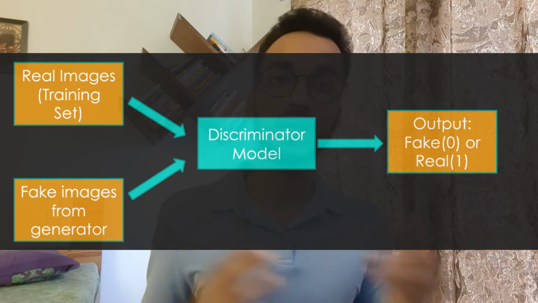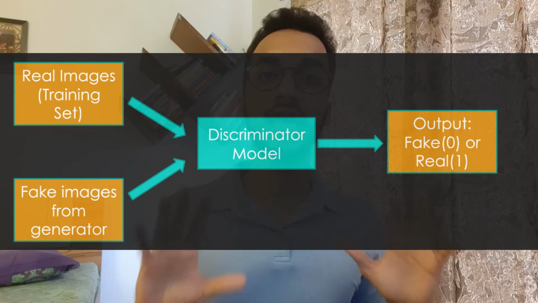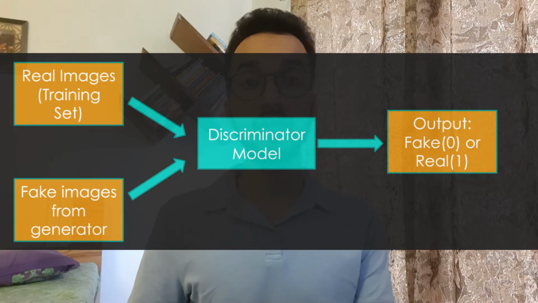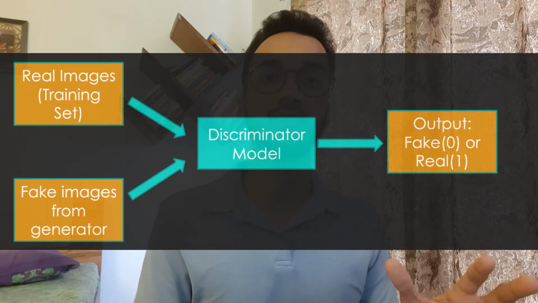All it has to do is take an input image and say whether the given image is real or not. So the ideal goal is that when we're training this entire network, the generator becomes so good at creating real looking images from the noise that the discriminator is completely fooled and is not able to tell whether a given image is real or was constructed by the generator.